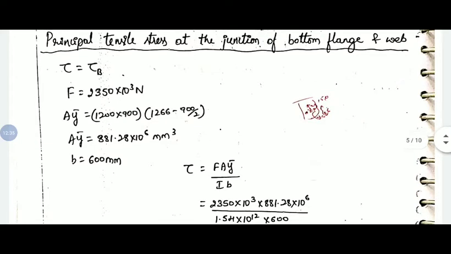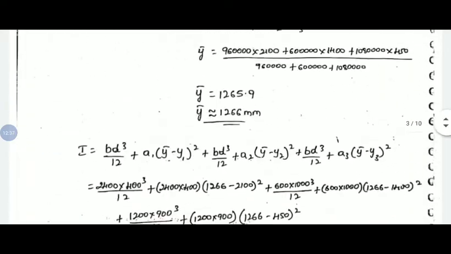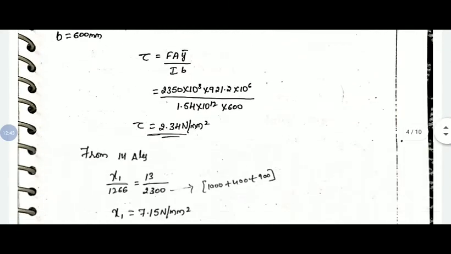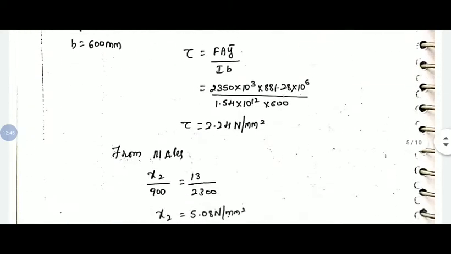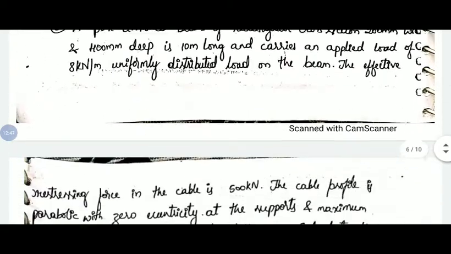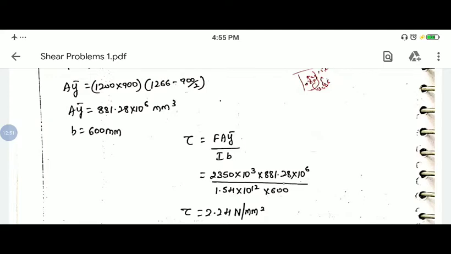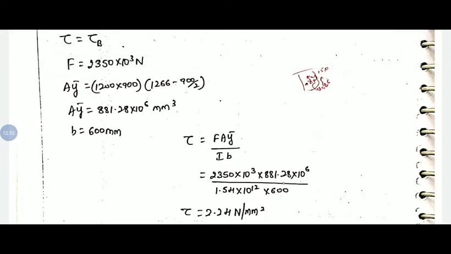So bottom flange size is 1200 by 900 in this figure, and if you take the centroid, 900 by 2, so with respect to centroidal axis it will be 1266 minus 900 by 2. With respect to centroidal axis we are taking the distance. So ay bar we got.